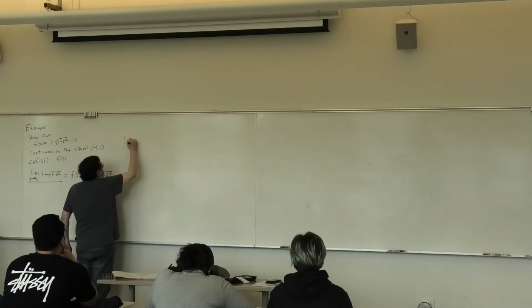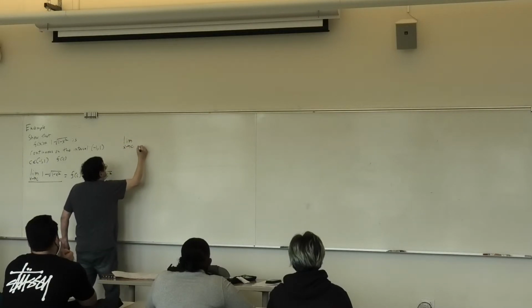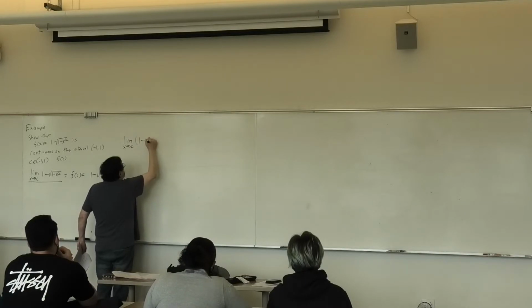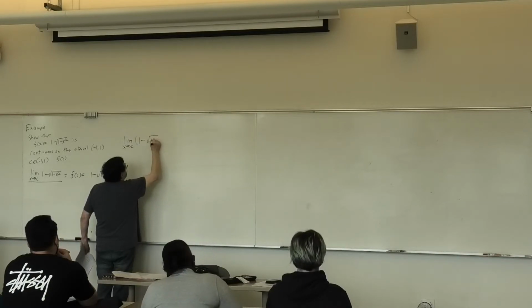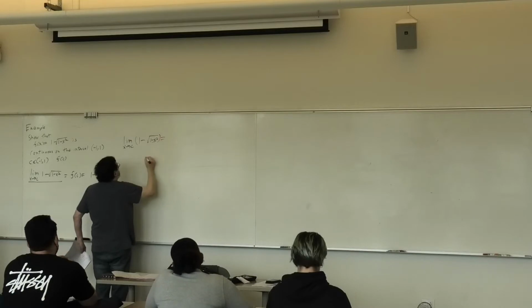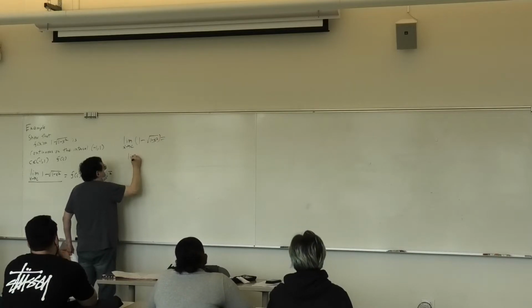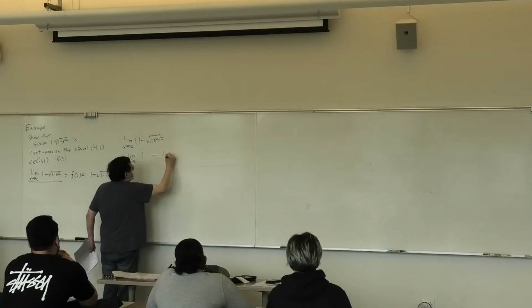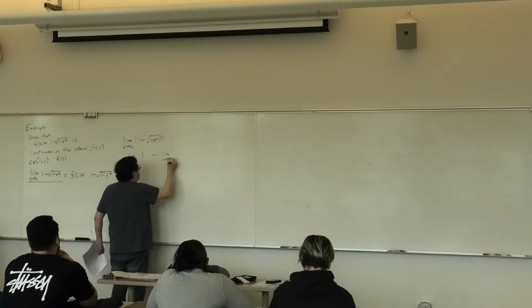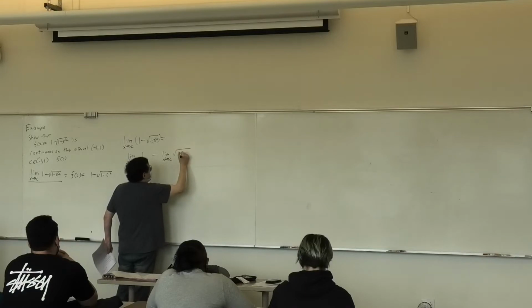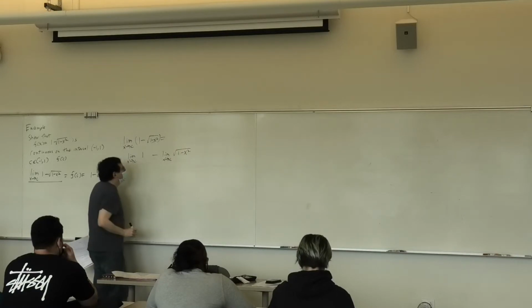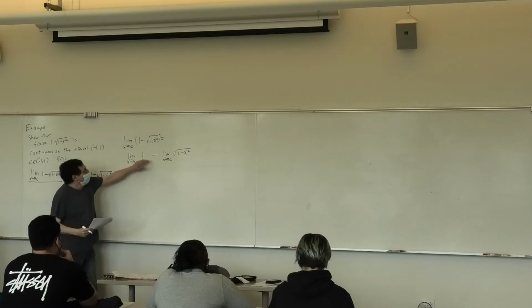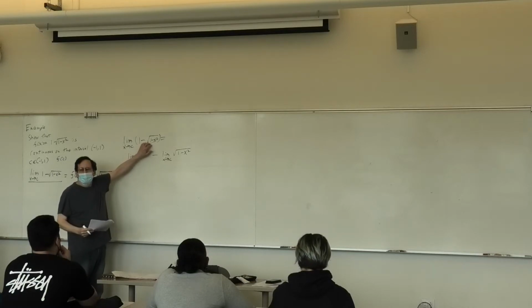You know that the limit as x approaches c of 1 minus the square root of 1 minus x squared is equal to the limit as x approaches c of 1 minus the limit as x approaches c of the square root of 1 minus x squared. How do we know that? There was that limit law.